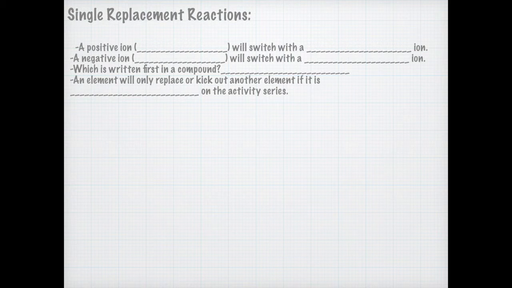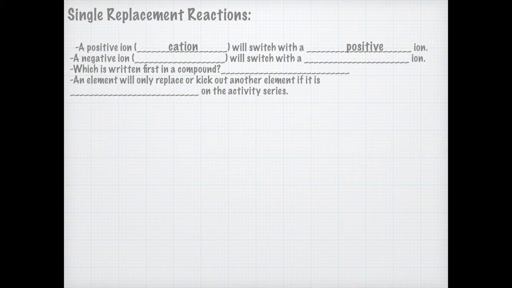So here are some of the rules for you to keep in mind when we're talking about single replacement reactions. The first one is that the positive ion, also called the cation, is going to switch with another positively charged ion. So if the atom that comes along to kick out a partner tends to have a positive charge when it is an ion, it will kick out another positively charged ion.